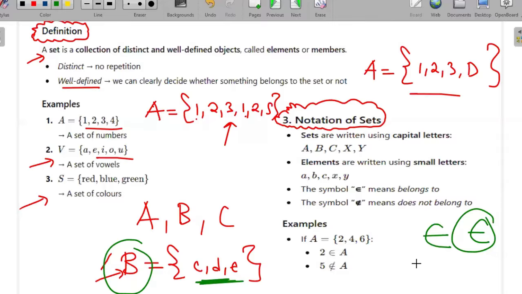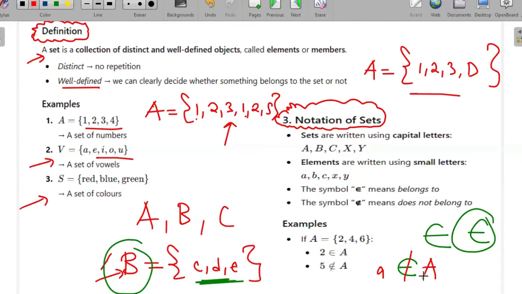When I cross it with a line, it means not a member of. So if I say A is not a member of set A, it means I can't find this A in this set A. So that's the notation of member of and not a member of. Or you can simply say belongs to or does not belong to.